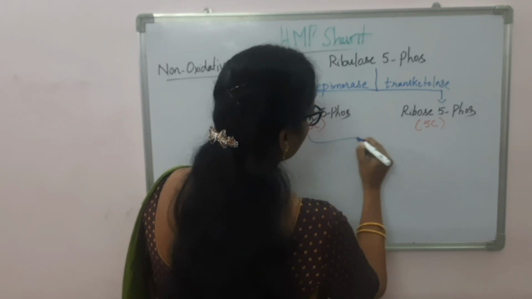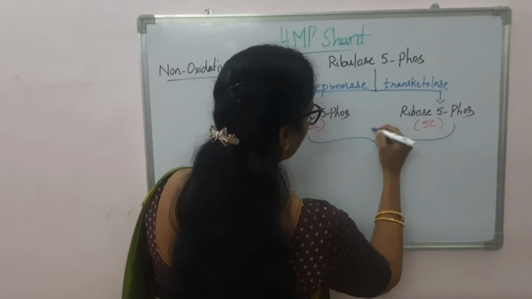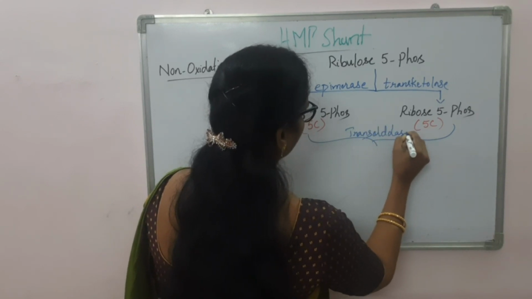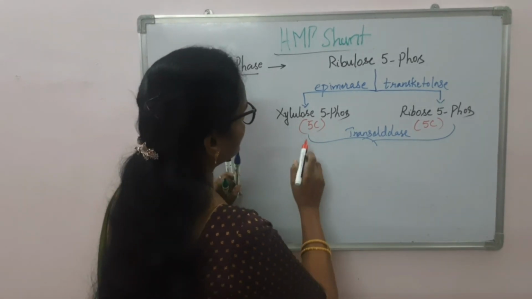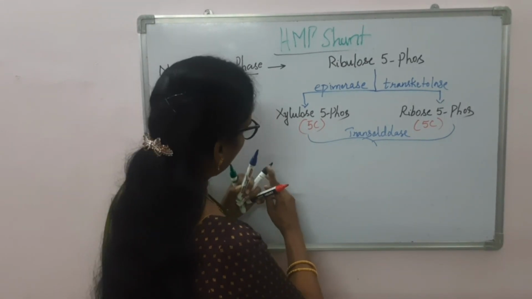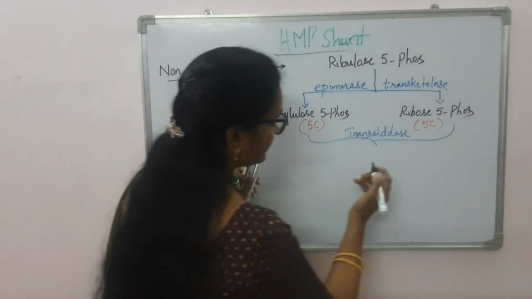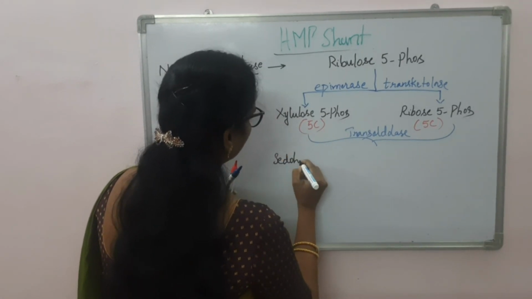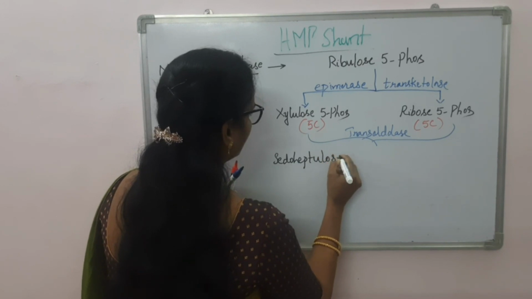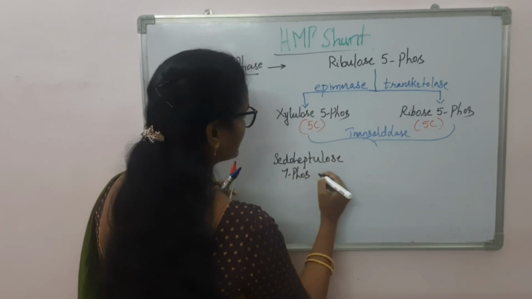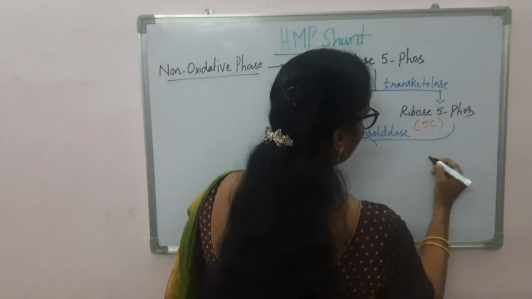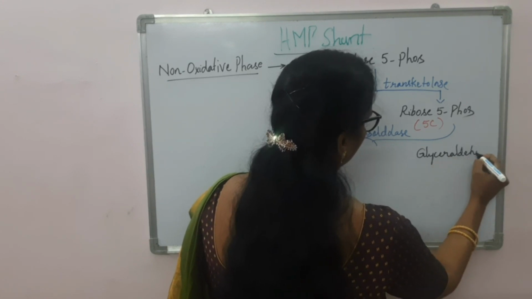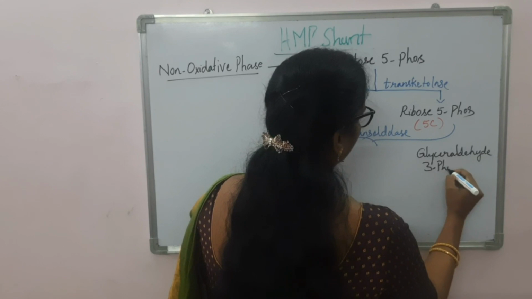Then transaldolase acts on xylulose 5-phosphate and transfers its 2-carbon moiety to ribose 5-phosphate, and it is going to form a 7-carbon compound, that is sedoheptulose 7-phosphate, and then glyceraldehyde 3-phosphate.